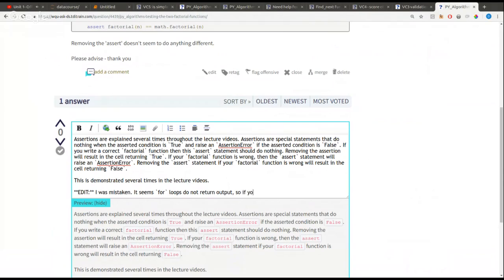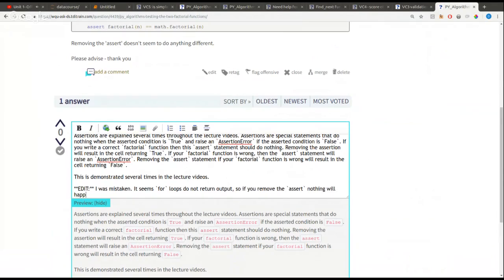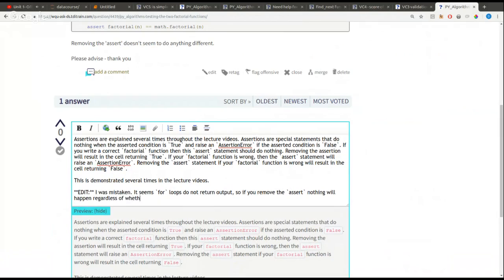So if you remove the assert, nothing will happen regardless of whether your factorial function works or not.